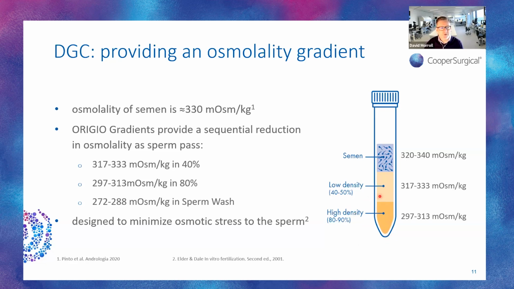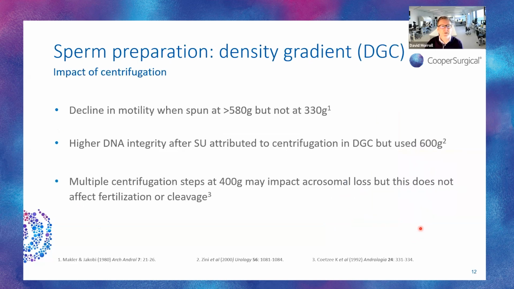And you can overcome that by actually producing an osmotic gradient in your media, as well as a density gradient. So for example, in the Origio gradients, we go from around 320 in the semen to 317 to 333 in the 40% layer, and then down to 297 to 313 in the 80% layer. So it's more of a stepwise approach in osmolality before you put them into the wash medium.